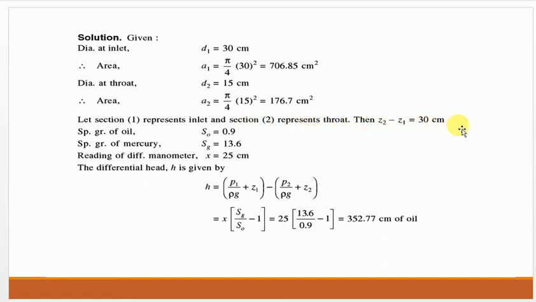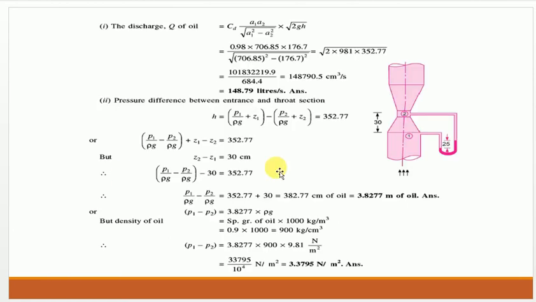Then Z2 minus Z1 is equal to 30 cm. So this is section 1 and this is section 2. The elevation Z is the datum energy, which we already discussed in the derivation of Bernoulli's equation. Z1 and Z2 are the potential head, or datum head. Datum is a height, so the elevation difference between them is 30 cm.